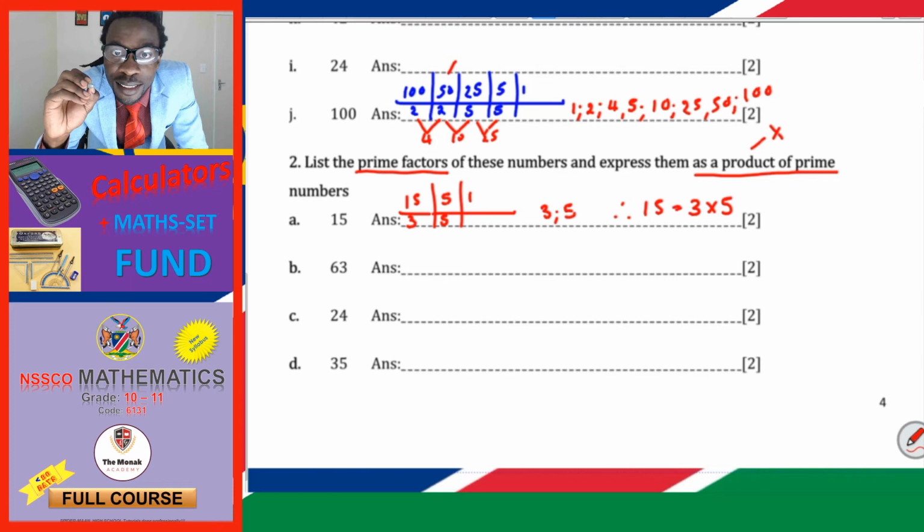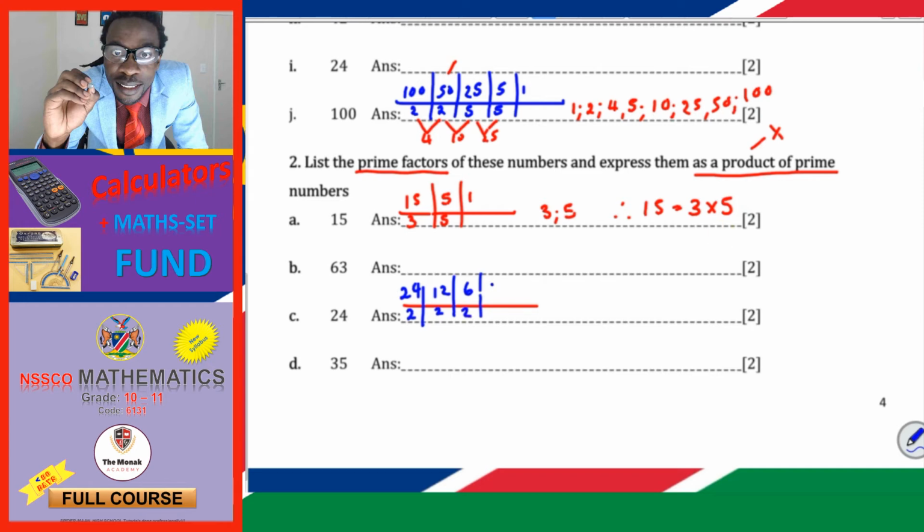How about 24? Alright, 24. We try 2, you get 12. You try 2 again, you get 6.